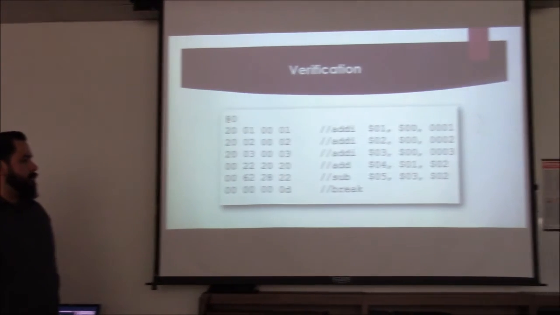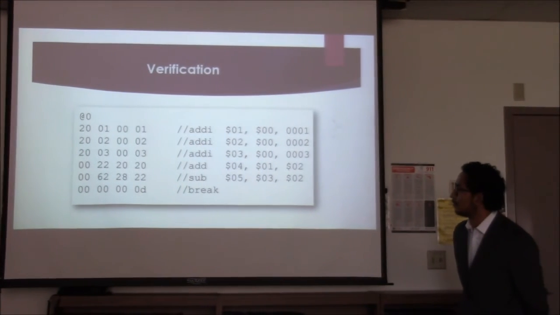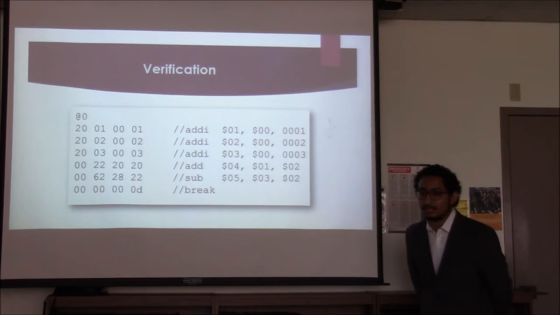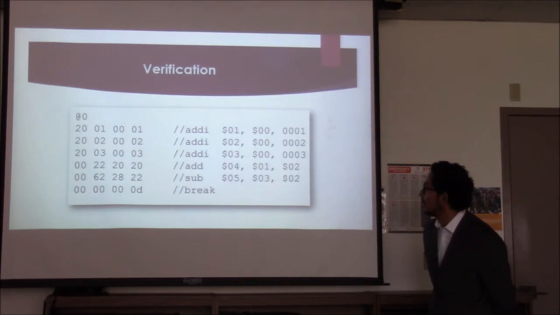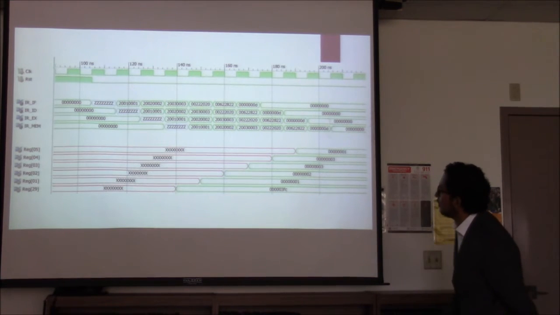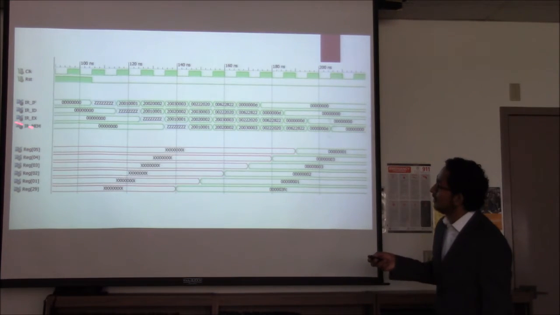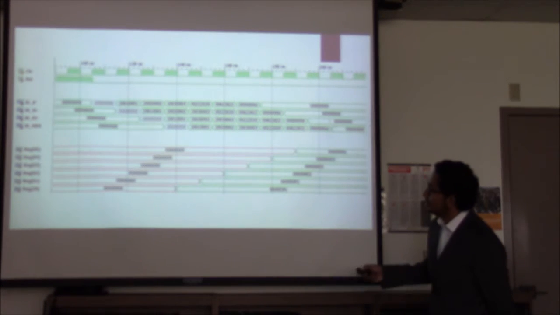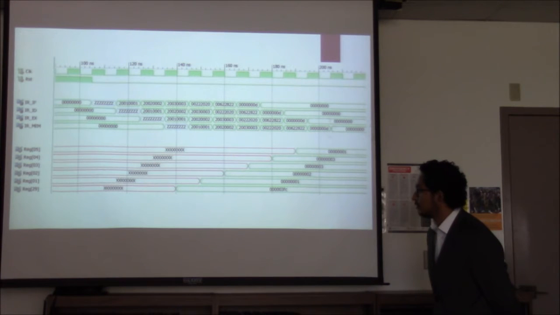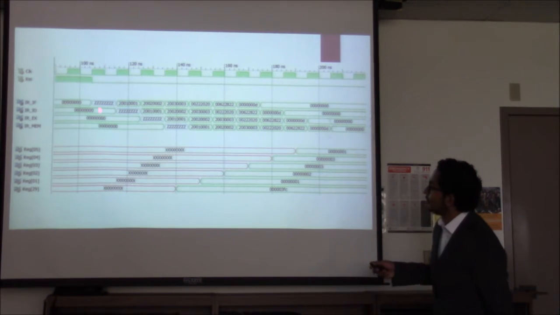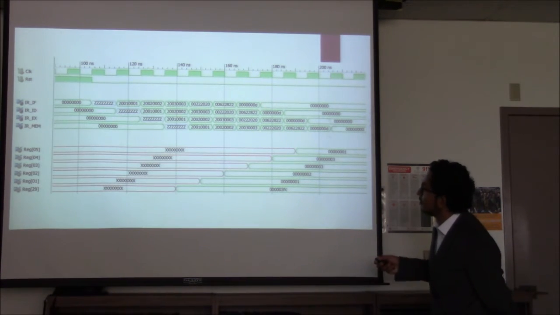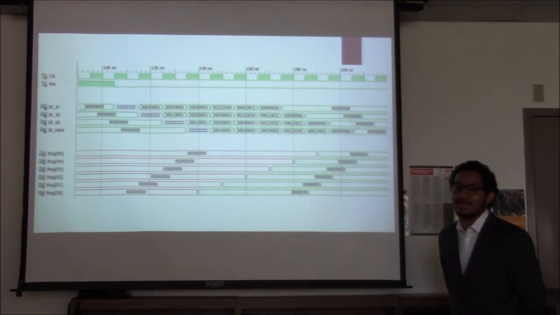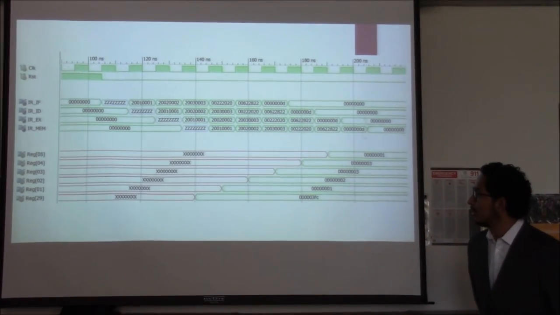So to verify our pipeline, we decided to run a little program composed of a couple of add immediates, an add, and a subtraction. First of all, you can see these are our instruction registers for each stage, and these are our registers. Right after a reset, the first instruction is not actually an instruction being fetched, but rather it's the stack pointer being initialized.